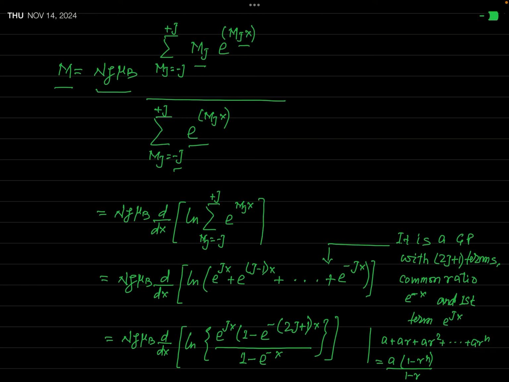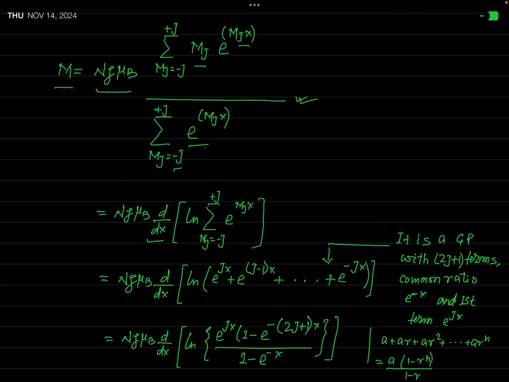Now you can see this expression, that is mj times e to the power mjx divided by this much, okay? This can be written as d dx log summation mj from minus j to plus j e to the power mjx. You can actually differentiate it, and you will see after differentiation your result is this much.